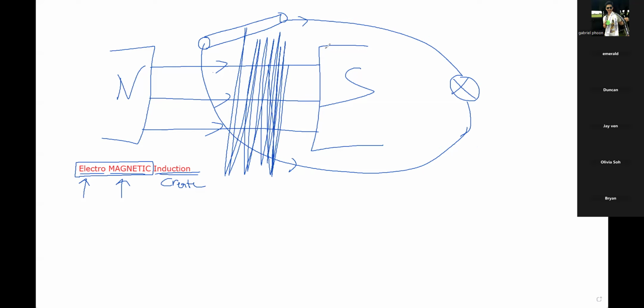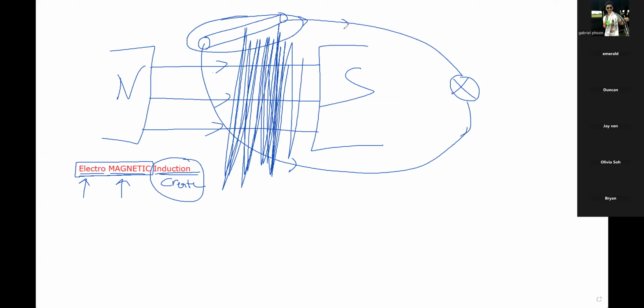So the first thing you need to learn today is that electromagnetic induction is to create electricity with the help of magnets. The simple way to do it is by taking a conductor, any metal pole, and cutting it through the magnetic field, which forcefully moves the electrons up and down this wire.